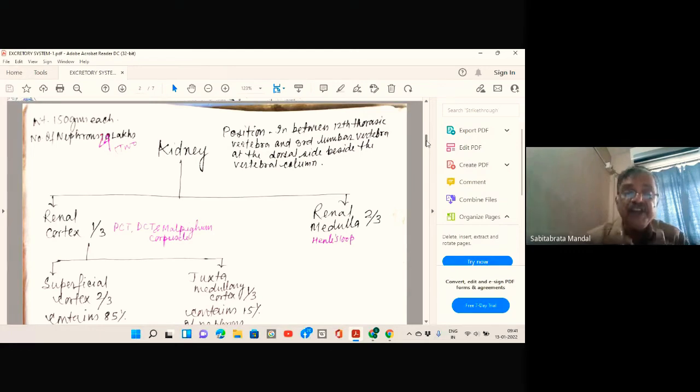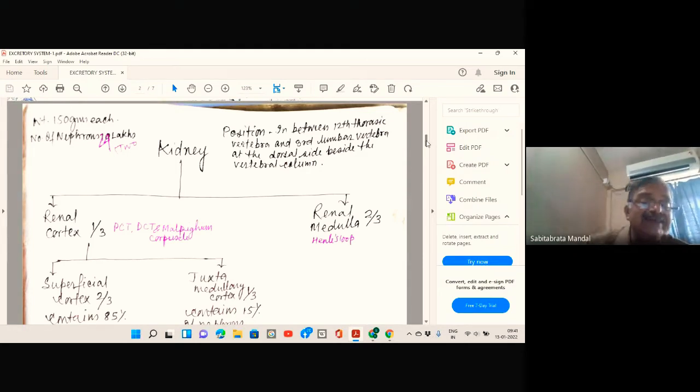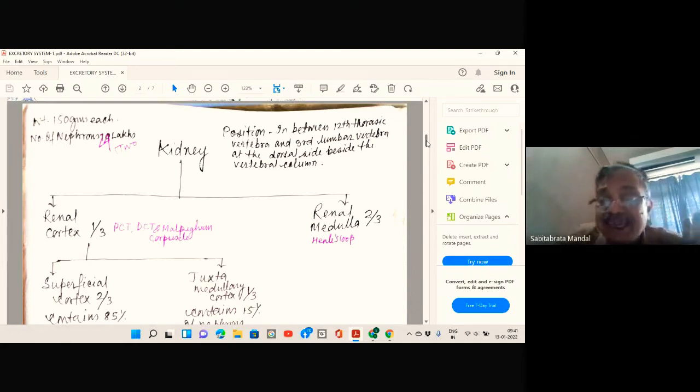Now, you have already studied in class 10th about the nephron, then you will find that in the renal cortex, the proximal convoluted tubule, the distal convoluted tubule, and the Malpighian corpuscles are present. And in the renal medulla, mainly the loop of Henle is present.